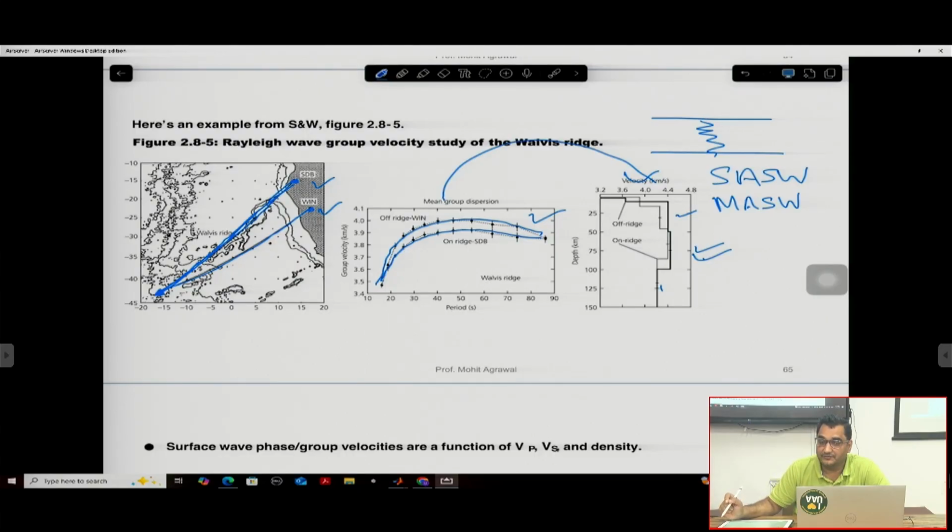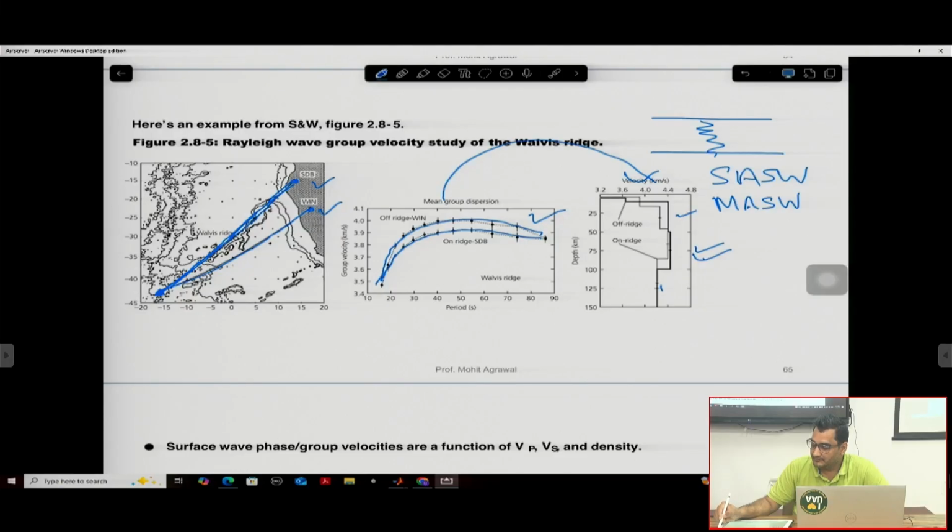Once you construct them, you need to model them, either using some kind of forward modeling technique or some kind of inversion. There are several software packages available that you may use for modeling. While you do so, you will get your model in terms of shear wave velocity against depth, and this is what you need to construct using your dispersion curve.